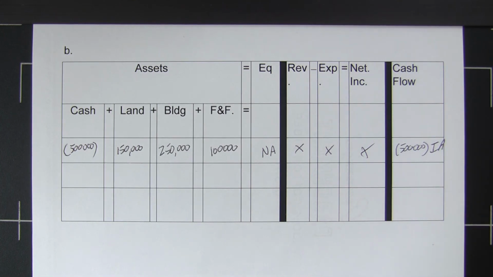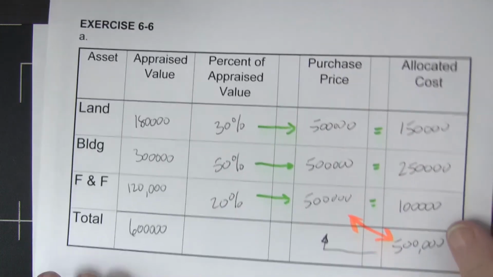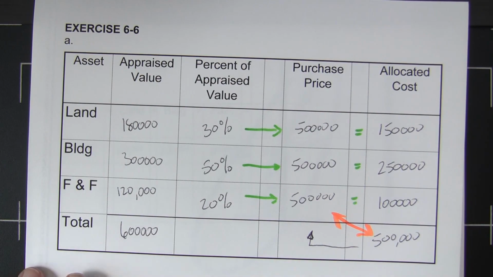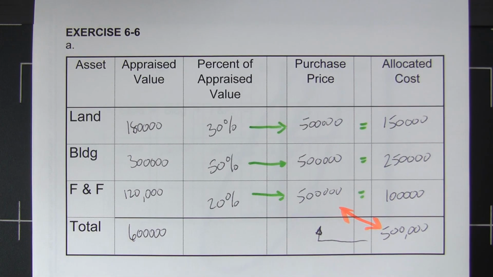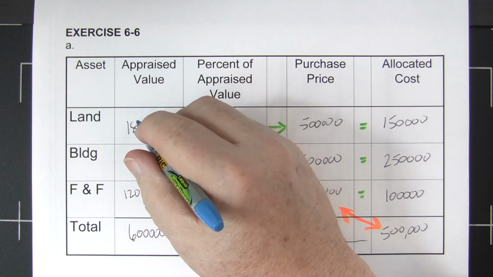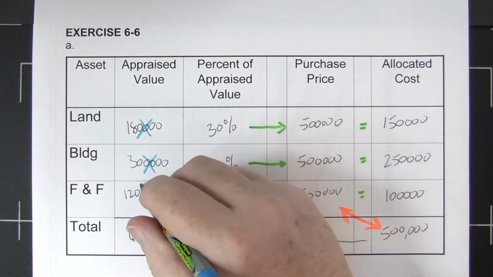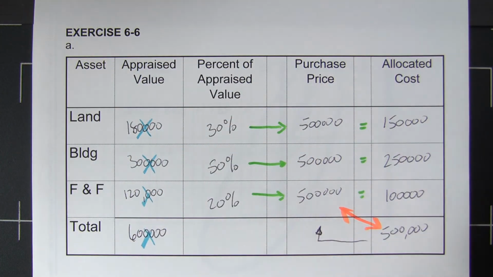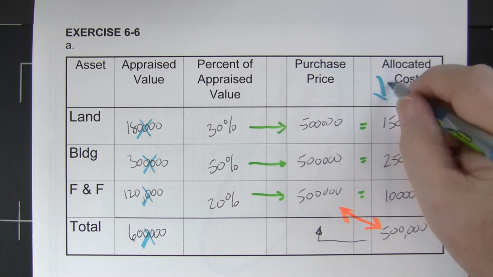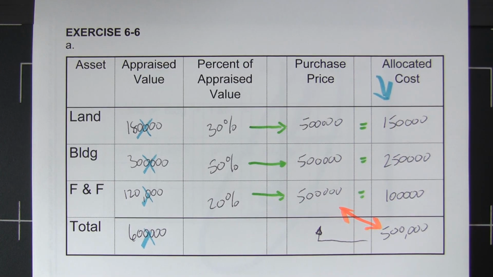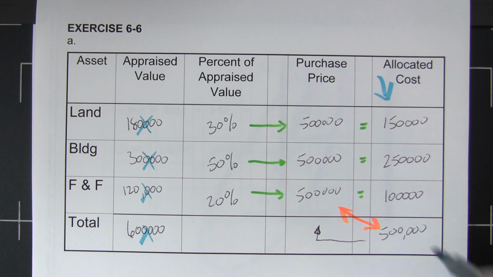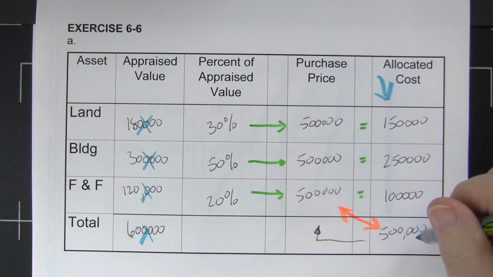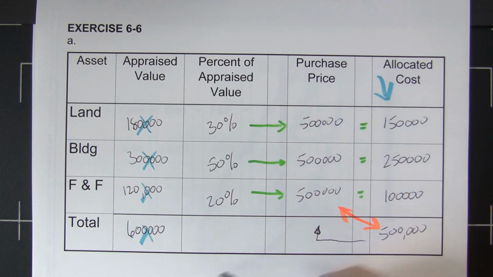And I guess the major takeaway here is you have to just forget about the appraised values. In your mind, you have to just sort of cross them off. This is the only value that we care about because we paid 5/6 of the full price. This should have been $600. We got it for $500.